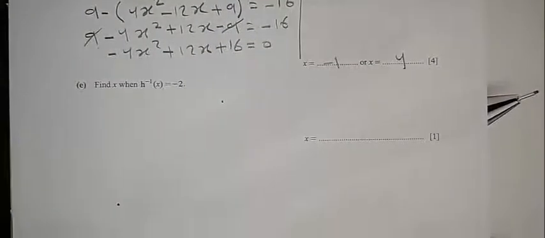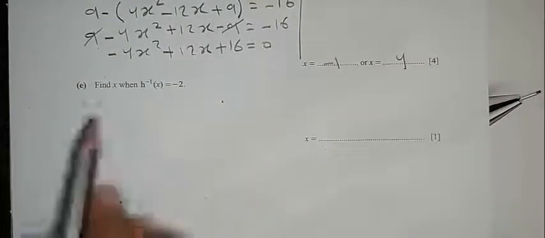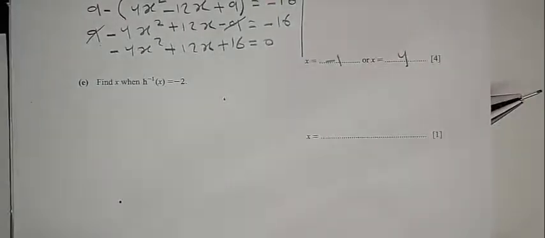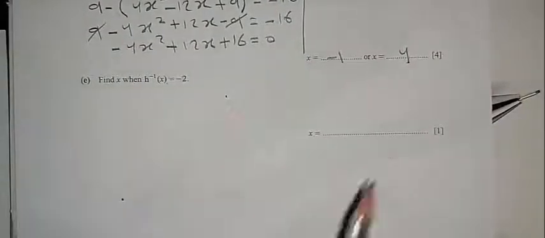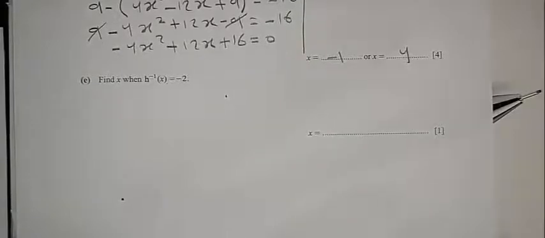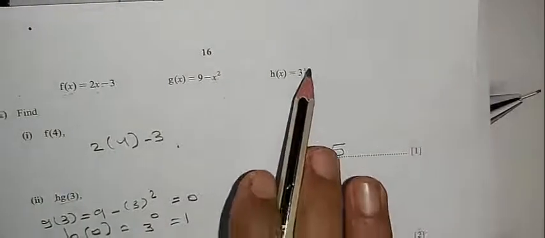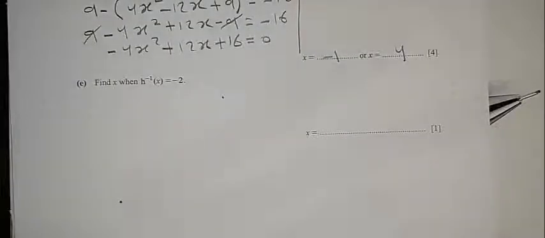In the last part of this question, find x when h inverse of x equals negative 2. To calculate this is for 1 mark only. We know the function h(x) is 3 to the power x.